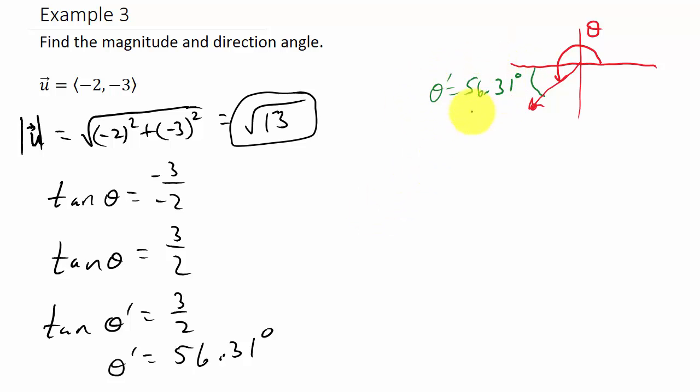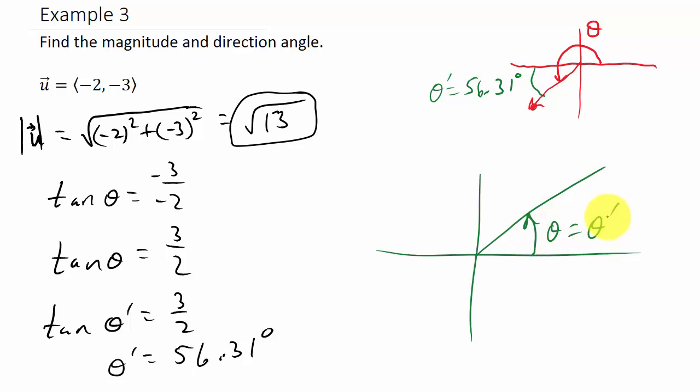Well, that's my reference angle, because if you remember back from reference angles, theta equaled your reference angle if theta was in the first quadrant. And of course whenever you take the inverse tangent of a positive number, that's going to give you an angle in the first quadrant. So we know that when we do the inverse tangent of this, it's going to give us that angle in the first quadrant, but we know that's not our direction angle because we're in the third quadrant.